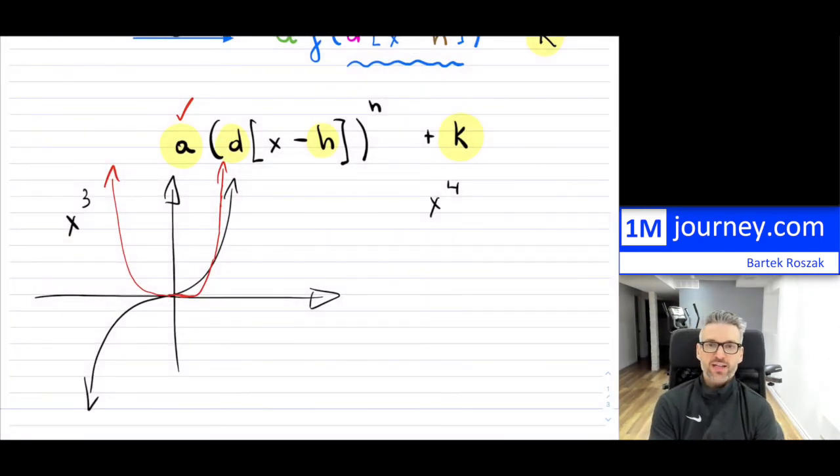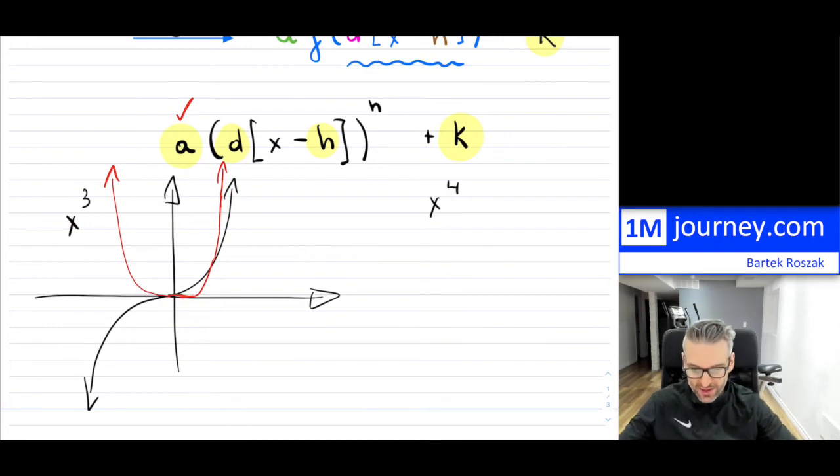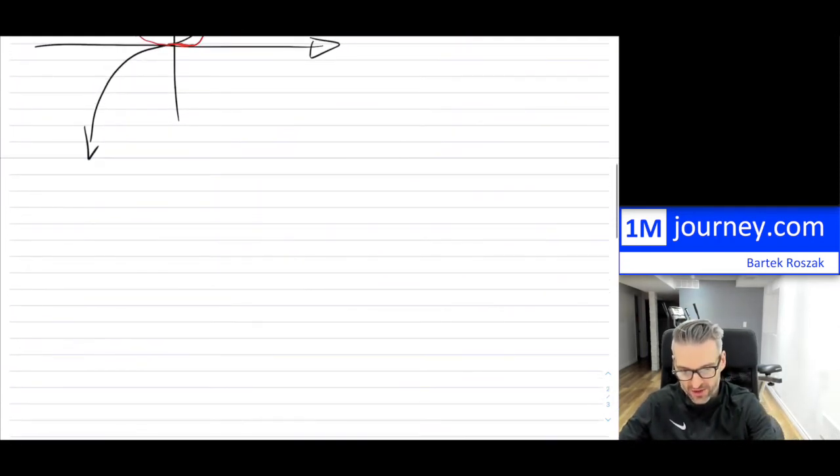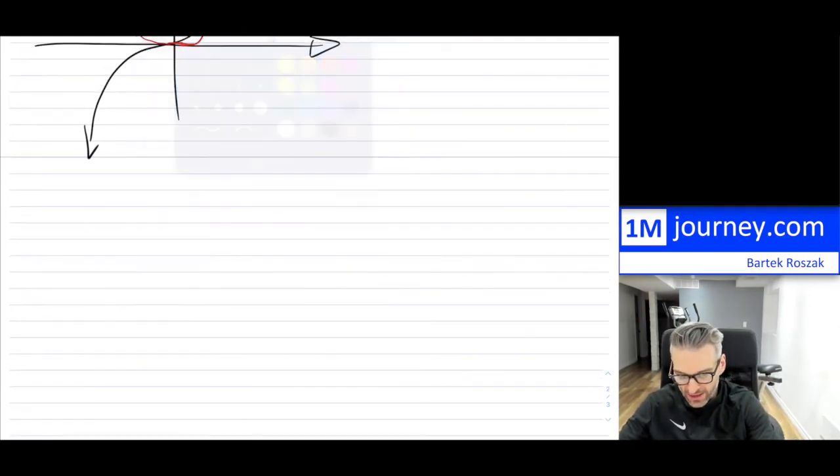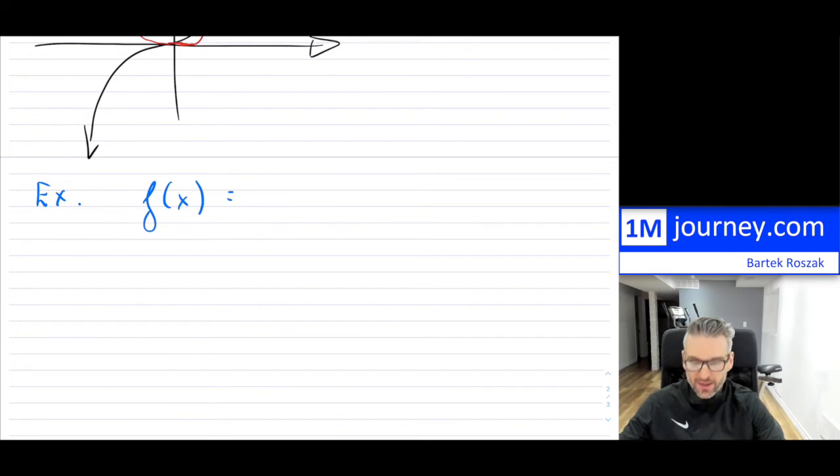I do suggest that you look and try these out on your own. If somebody gives you one of these, for instance, if I just come up with one randomly right here, and say, try to plot this on your own without using Desmos, you should know what would happen.